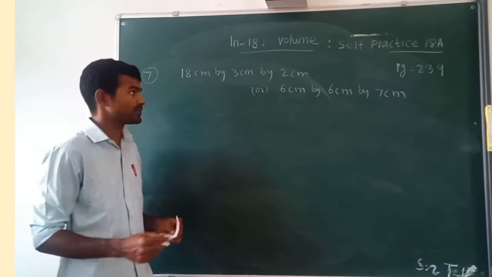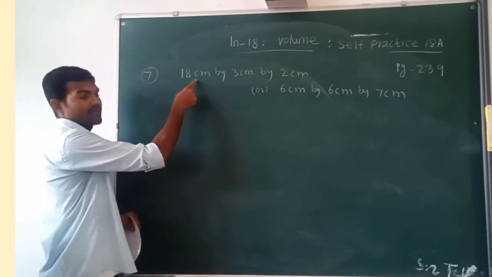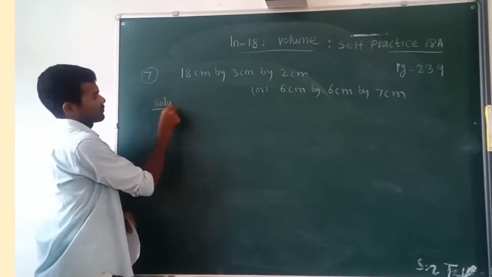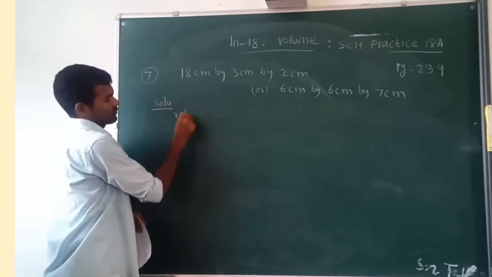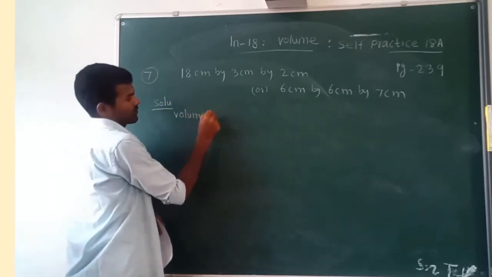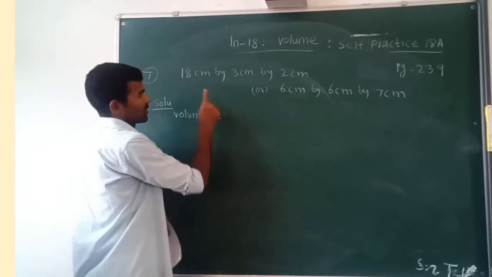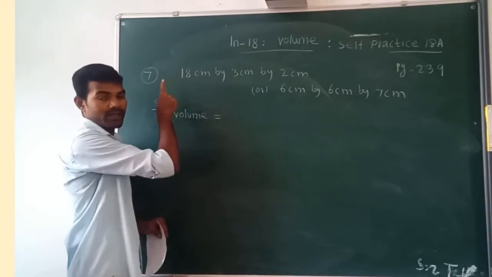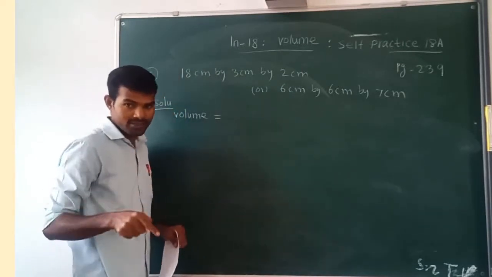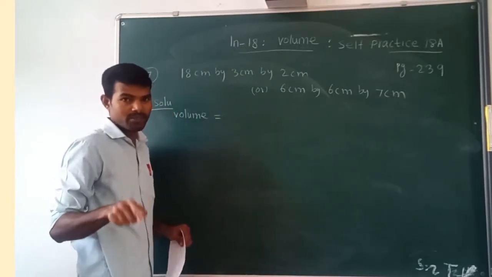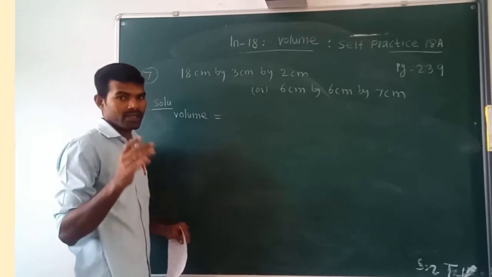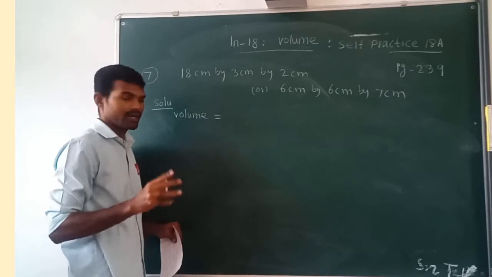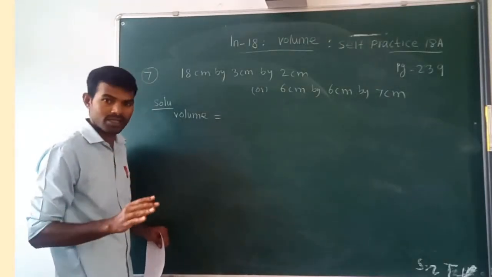Volume of the first box. So what is the volume of a cuboid? Length multiply breadth multiply height, L into B into H. The three things you have to multiply.